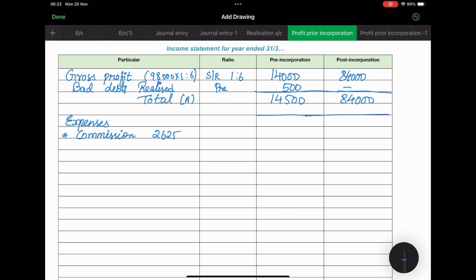Commission is also based on the sales ratio, that is 1:6. So 2625 into 1/7, if you calculate, 375 will be the pre-incorporation value, and 2250 for post-incorporation.